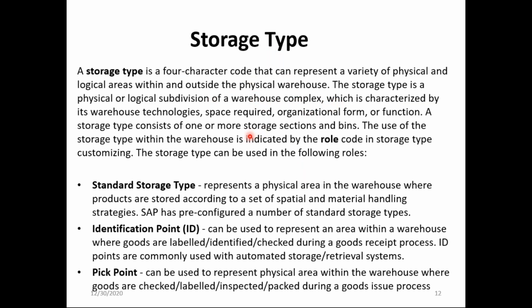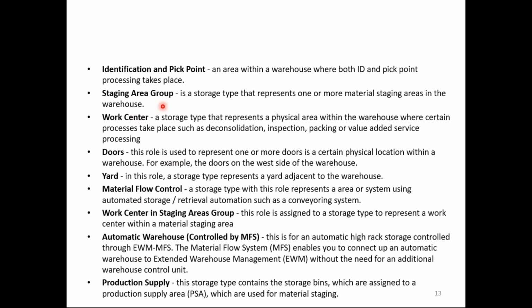Each storage type is assigned a role, based on which its behavior is decided, whether it will be a standard storage type, a pick point, an ID point, a work center, a staging area, a door, a yard, or a production supply area, etc. All these are different standard roles for storage types. Based on each role, the storage type will behave accordingly.